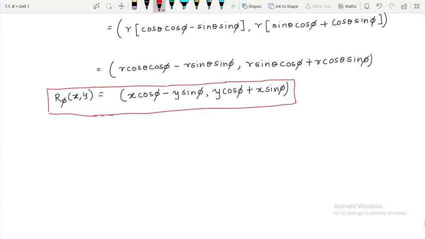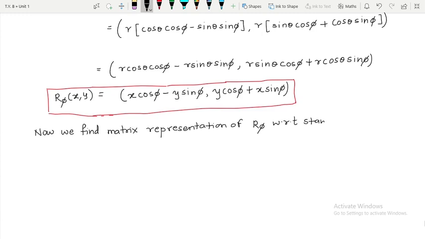So we can find the matrix representation of this rotation map with respect to the standard basis of R², that is E1 = (1, 0), E2 = (0, 1).